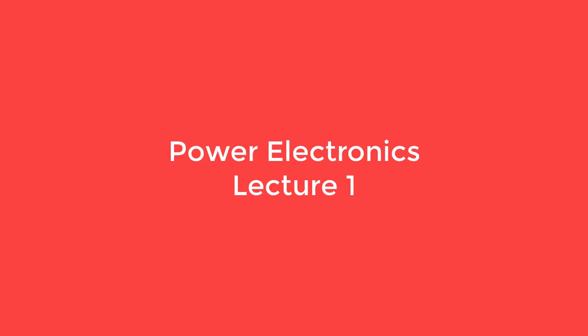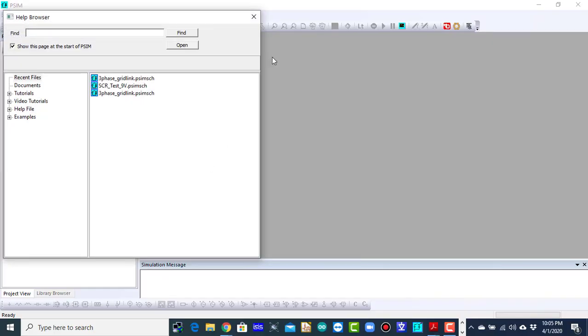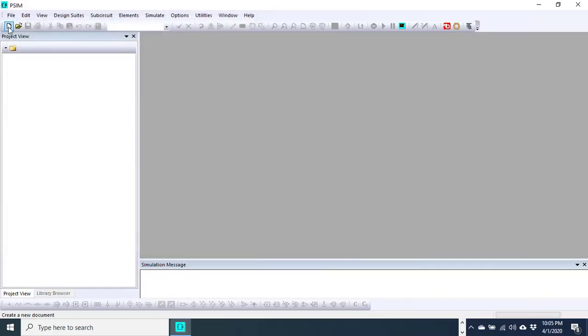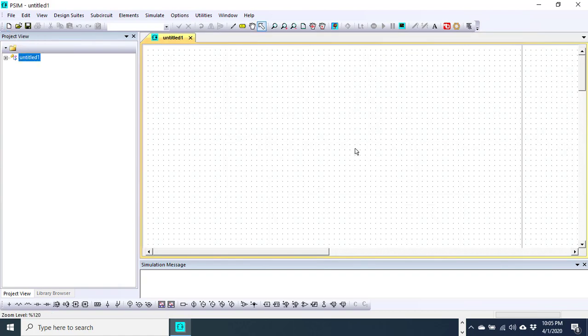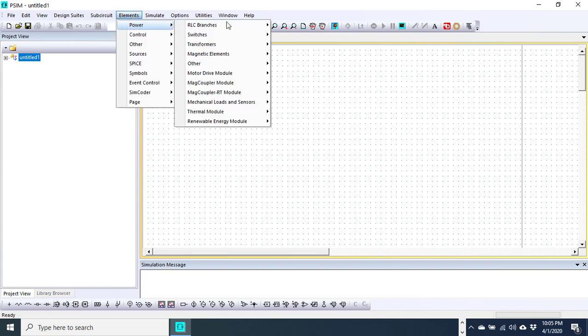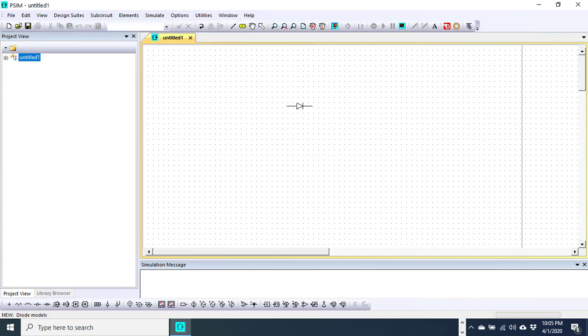So I'm going to start my simulation software. Here's a button for new project. I'm going to pick the diode from the selection menu from here. I need a sinusoidal source, and then I need a load as a load resistor.